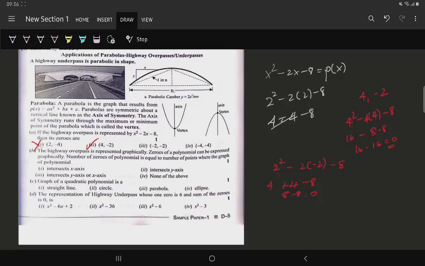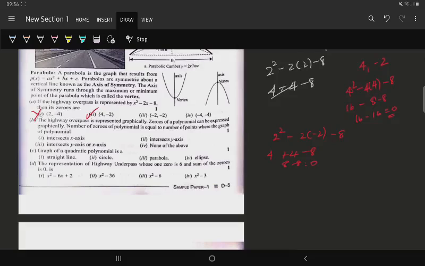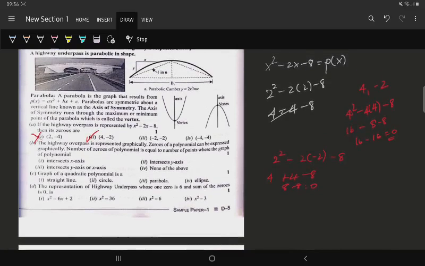Next, go to the second question. The highway overpass is represented graphically. Zeros of a polynomial can be expressed graphically.